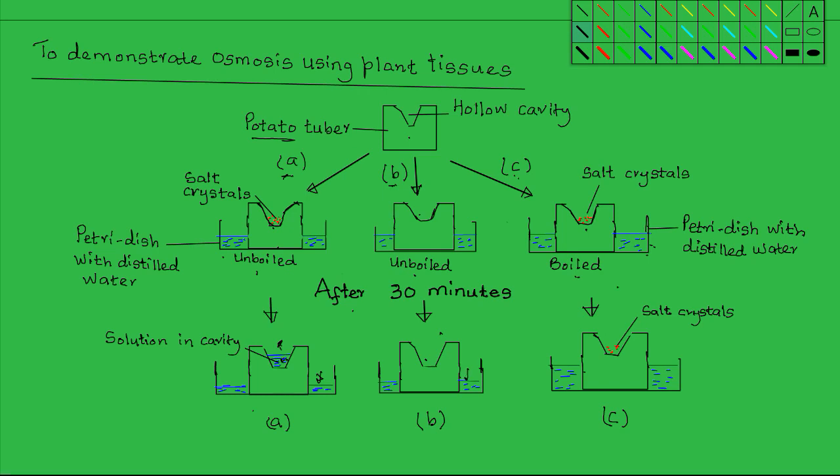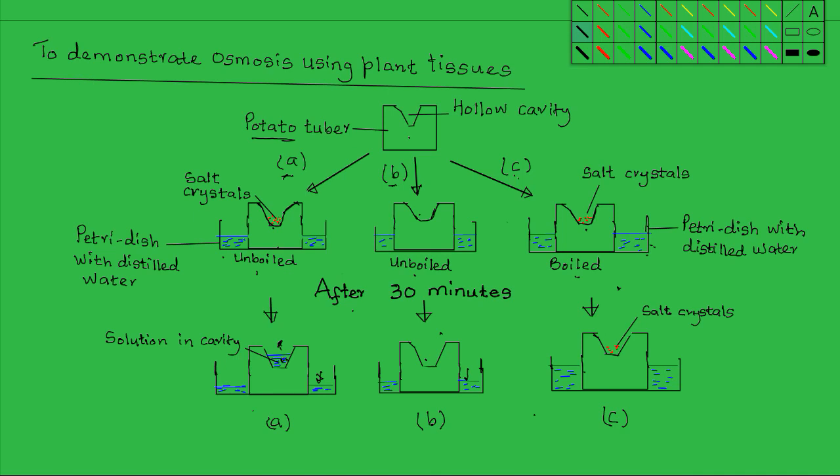While in the third cube, we'll see that the level of the water in the petri dish remains the same, and the salt crystals remain unchanged, that is, they do not go into solution.